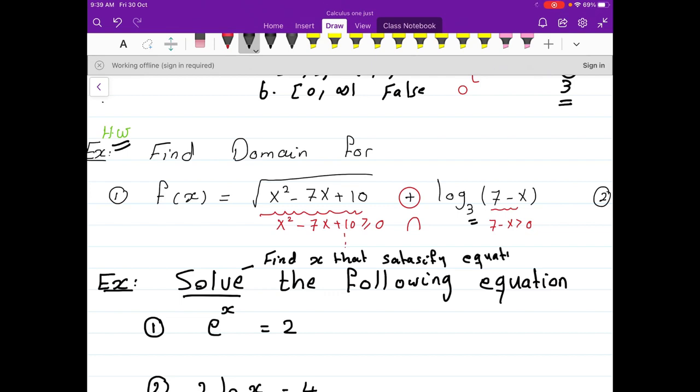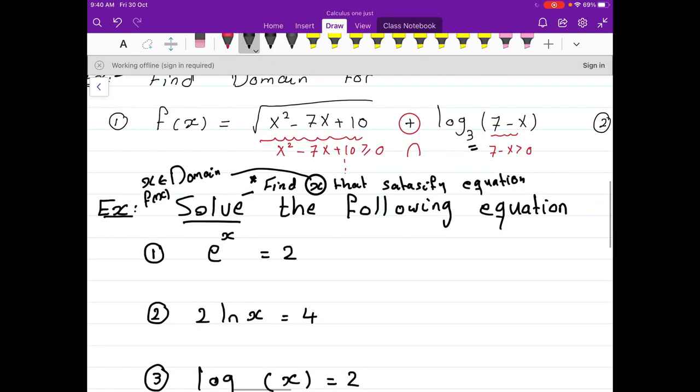And this x, when I ask you to solve the following equation, must belong to the domain of f(x).